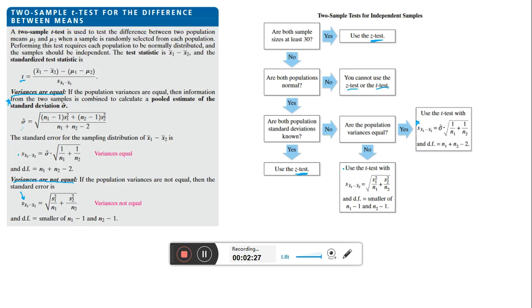If they are not equal, then we use the second formula we talked about in this definitions piece. So just make sure you're somewhat familiar with those because we will be using them here in 8.2.